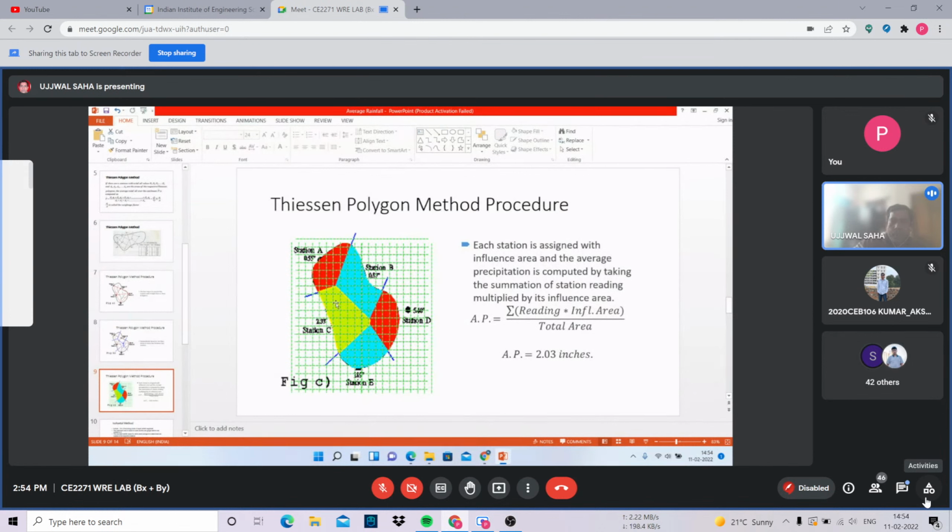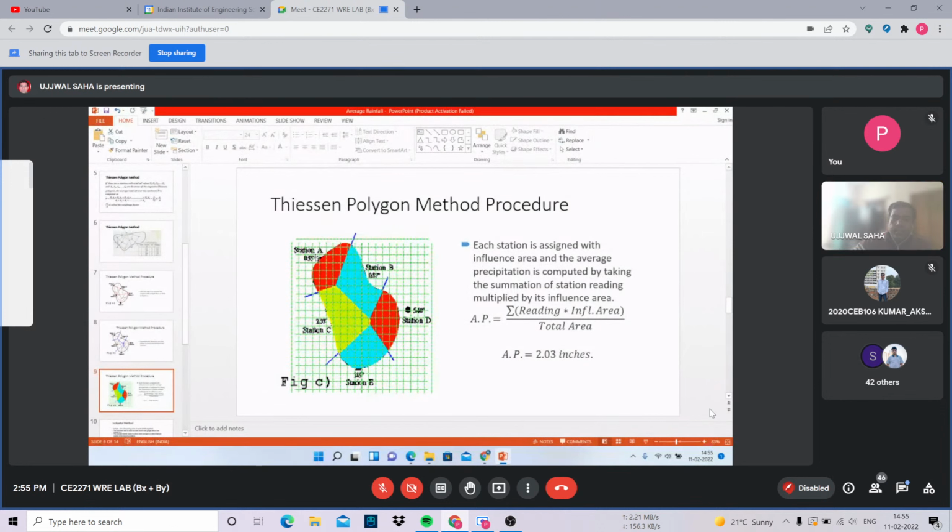That is why these points have been assigned to station C. Each and every point of the catchment is assigned on this principle: whichever station is the closest, we assign that point to that station.